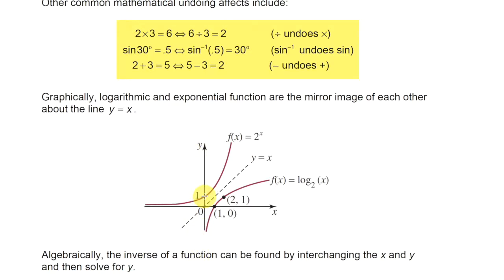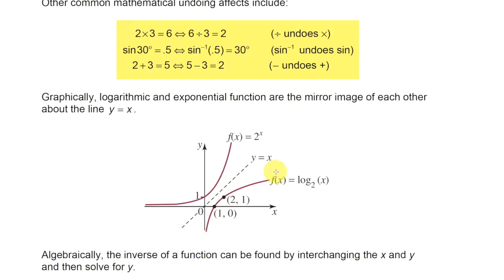And now instead of coming through the point 0, 1, it comes through the point 1, 0. That's because the x and y for inverses just simply interchange. And instead of going through the point 1, 2, it comes through the point 2, 1. So the point at 1, 2 has moved to 2, 1, and the point at 0, 1 has moved to 1, 0. So the x and y's have interchanged. But look at that shape, it's very different.